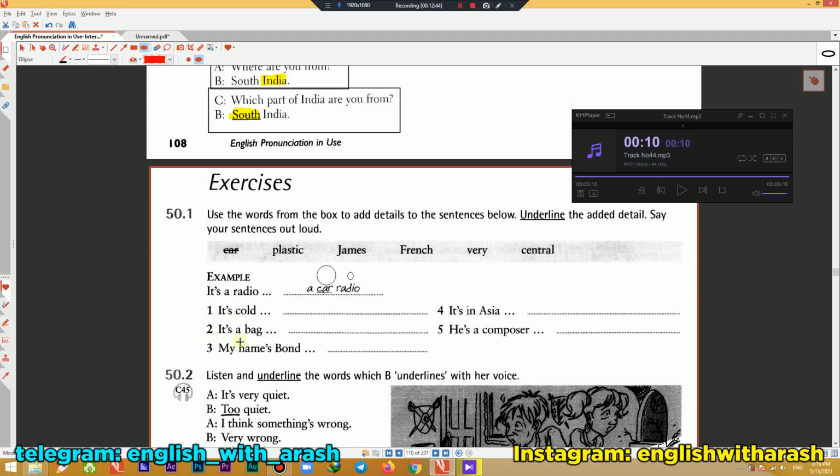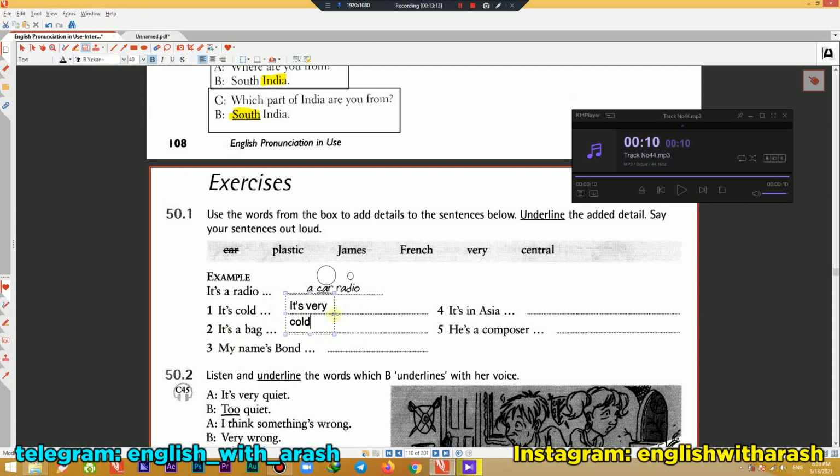Or it's a bag. Good, Ali. It's very cold. And exactly, Ali wrote very in capital letters, which is perfect because that part is definitely the part that is pronounced louder. Yeah, it's very cold.